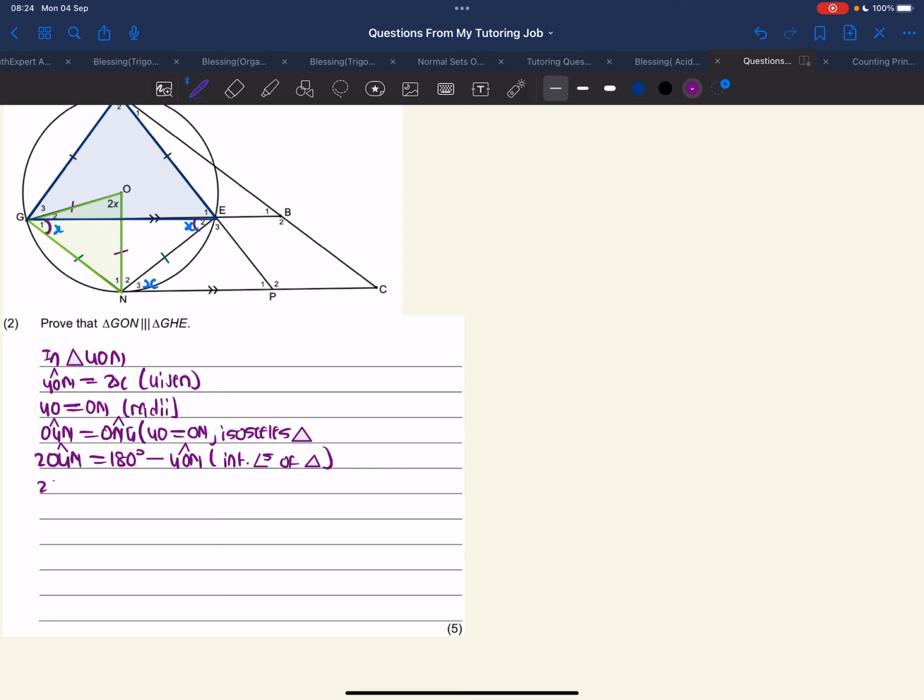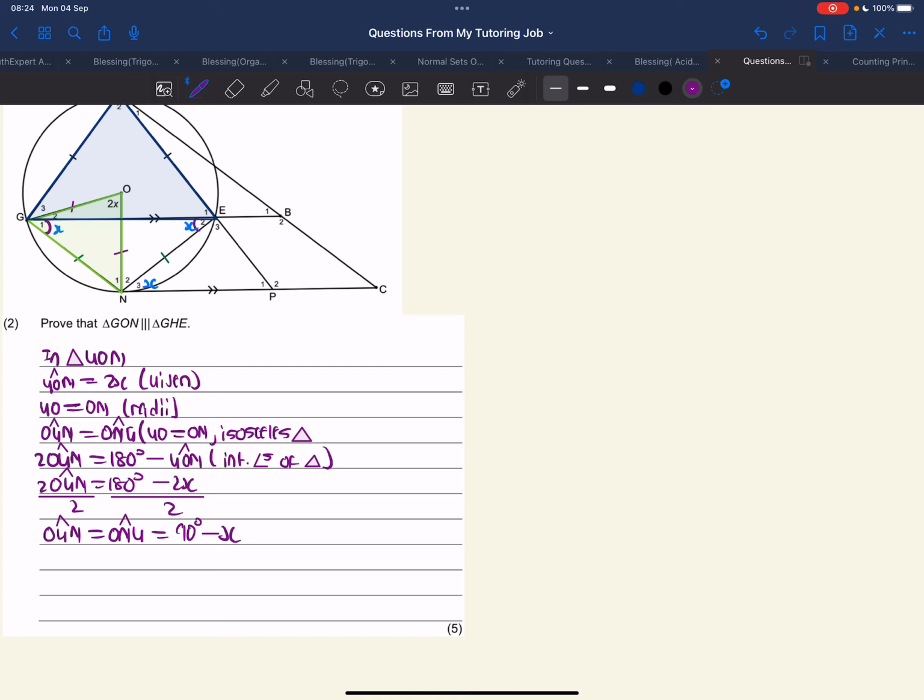So 2 times OGN equals 180 degrees minus 2x. Then I divide both sides by 2, and OGN, which equals ONG, is equal to 90 degrees minus x. So the angles in triangle GON are 2x, and the other two are 90 degrees minus x.